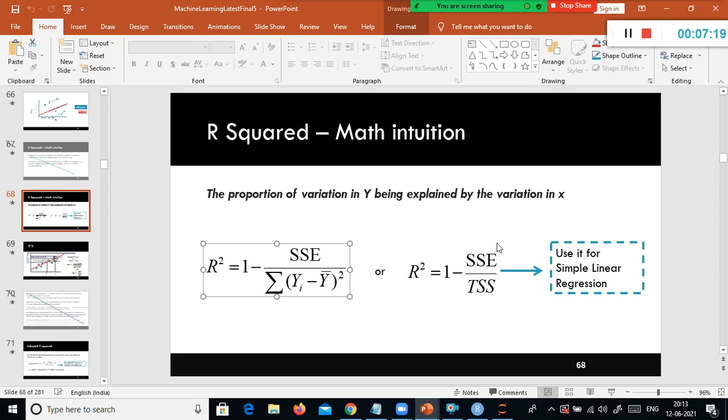If you solve this, what will happen? Total sum of squares minus sum of squared error, divided by total sum of squares. So what does it say? Total sum of squares minus sum of squared error is nothing but the sum of squared regression.